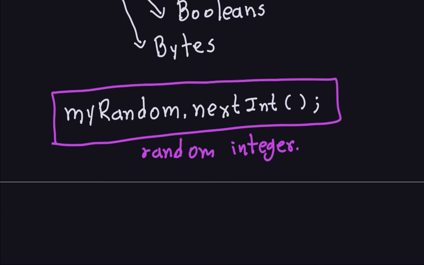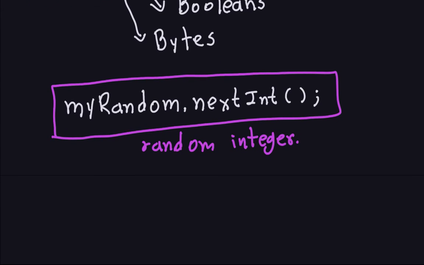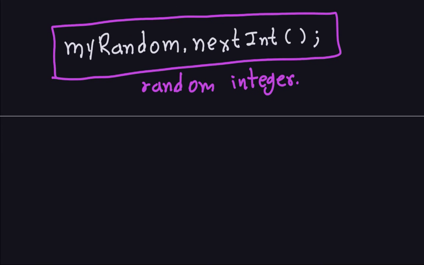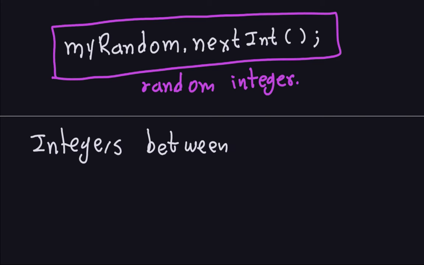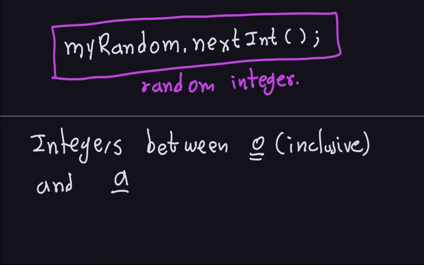Now, if you want this to have a range, let's say for example, you want your random integers between 0, inclusive in this case, and any other integer, for example a, and this is going to be exclusive.